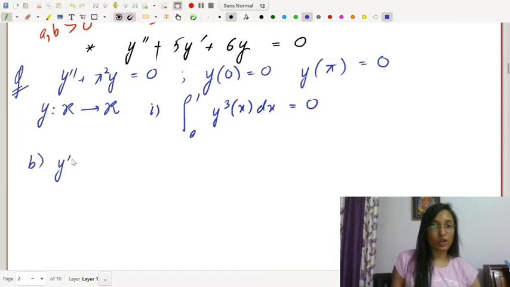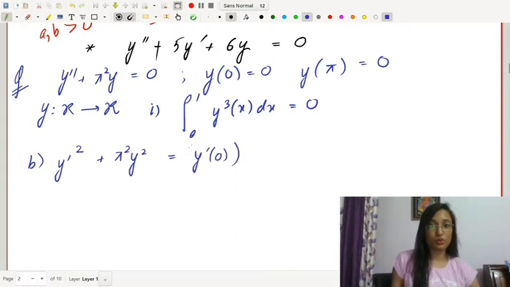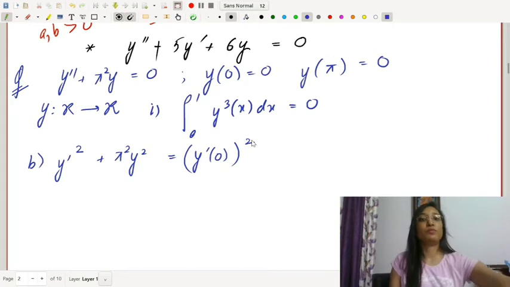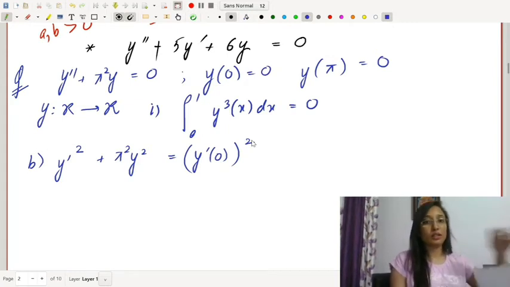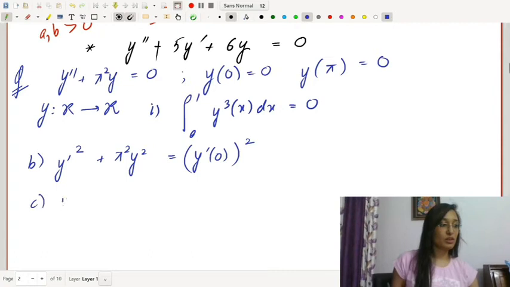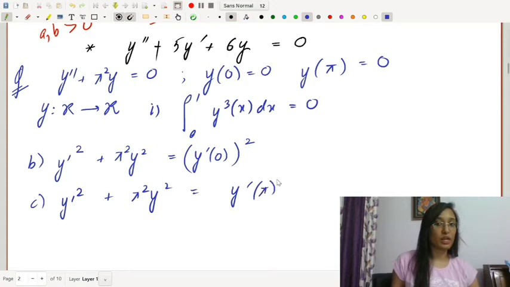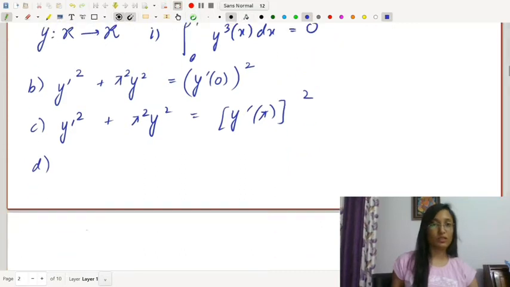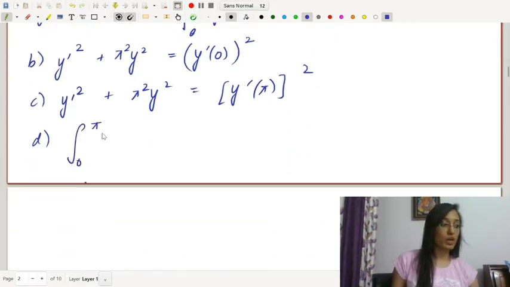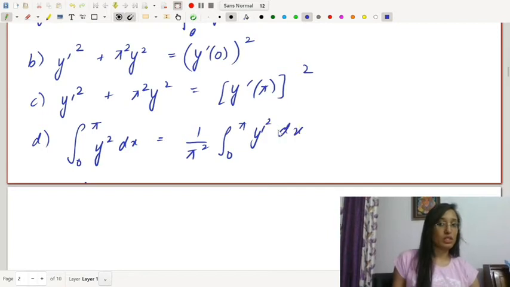Option B: y dash square plus pi square y square is equal to y dash 0 whole square. Another option is y dash square plus pi square y square is equal to y dash 1 whole square. The last option is integral from 0 to 1 of y square dx is equal to 1 by pi square times integral from 0 to 1 of y dash square dx.